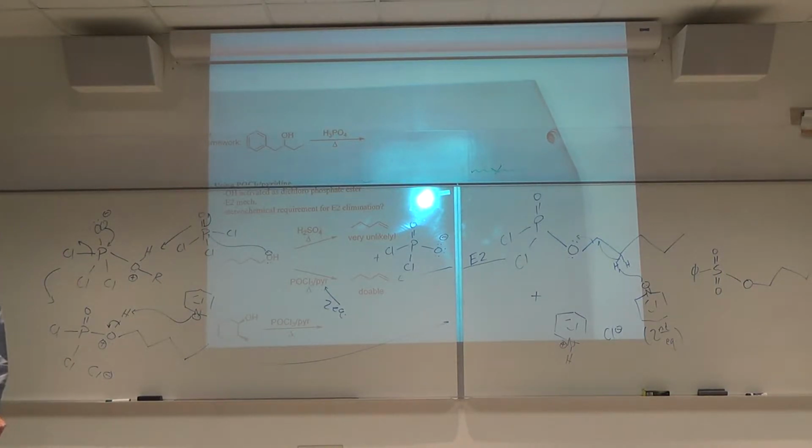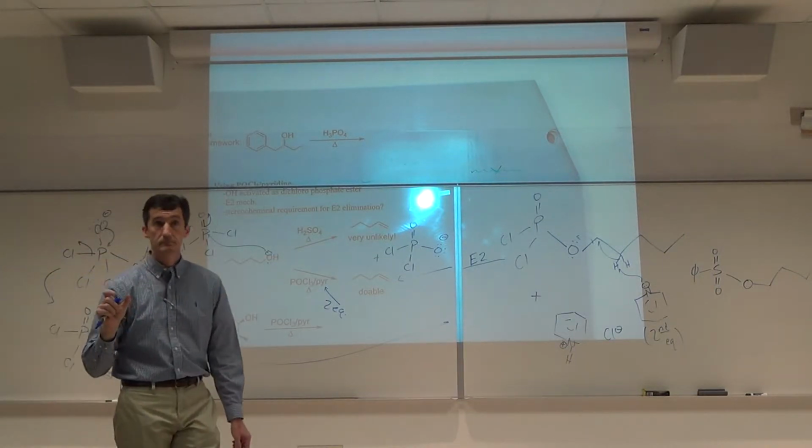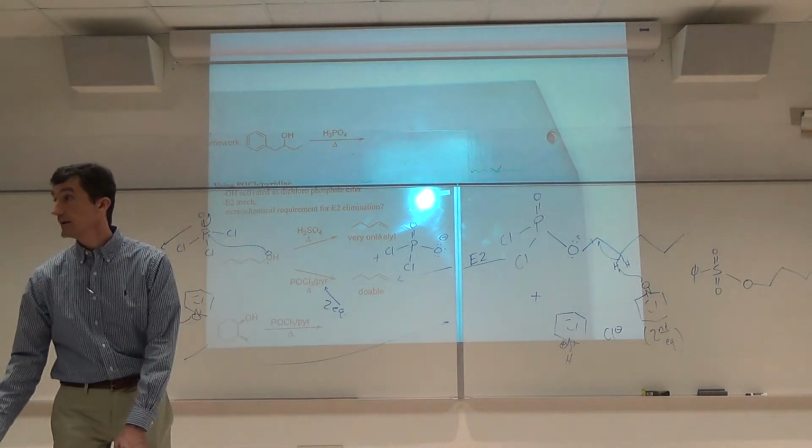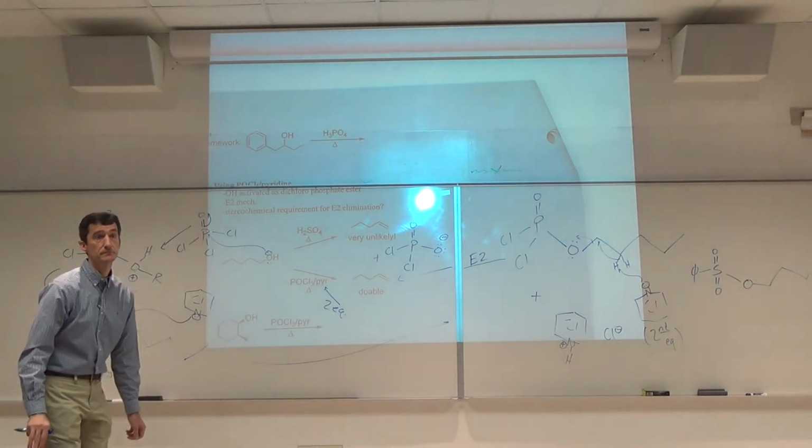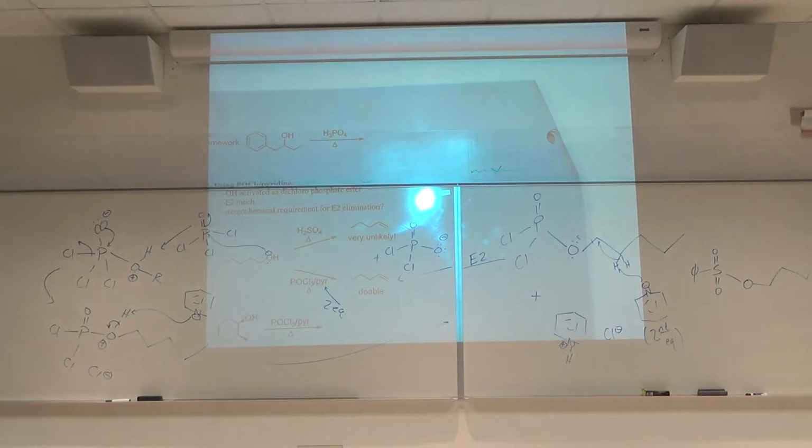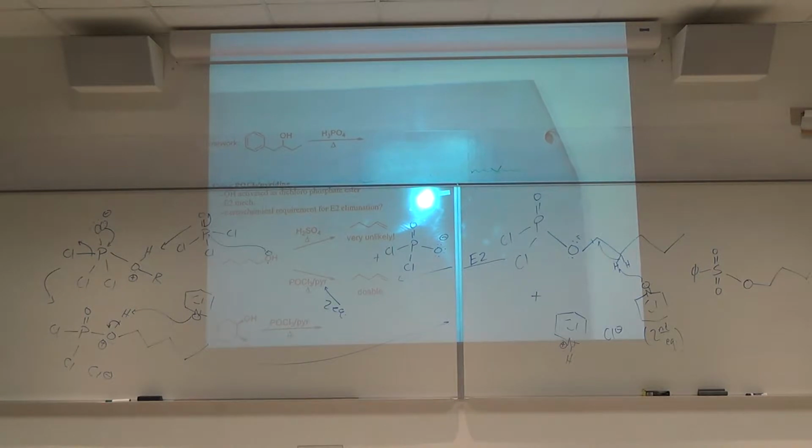Okay, in the end, what does POCl3 pyridine do to an alcohol? It's a way to dehydrate, and it operates by an E2 mechanism. Where you're just plain acid elimination, which operates by an E1 mechanism, that's not good for a primary alcohol.